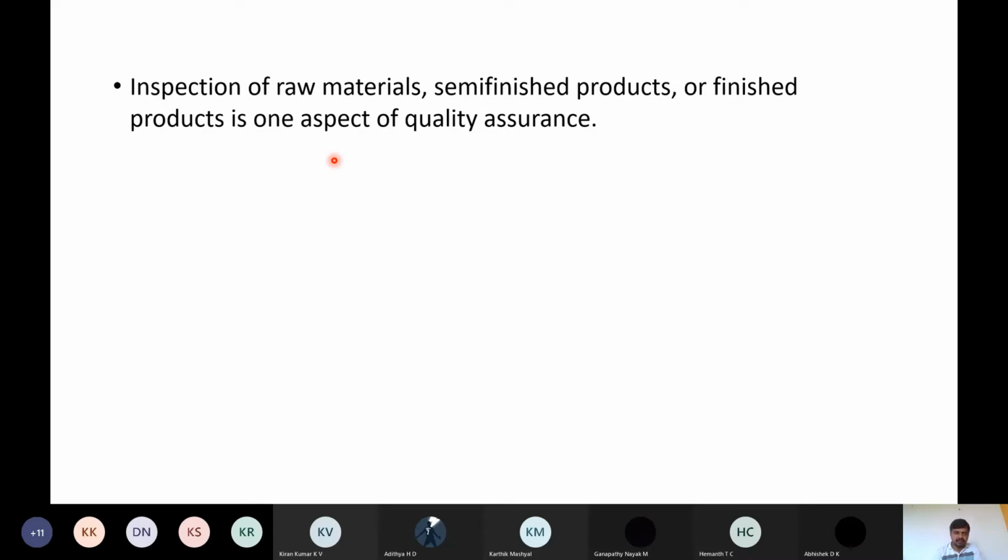Again, in inspection, because of various reasons, we cannot inspect all the parts or all the components. In a few cases we need not inspect all the components. We can pick some samples and evaluate the quality of those samples. Based on that, we can make a judgment on the lot.